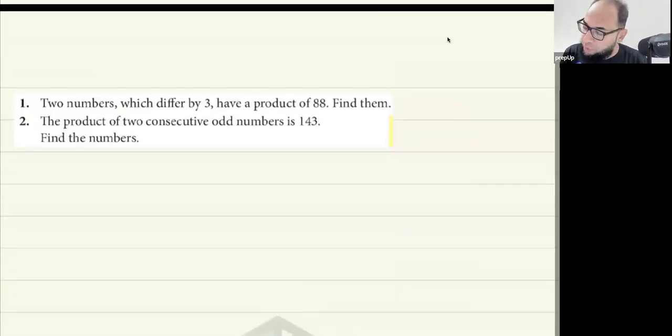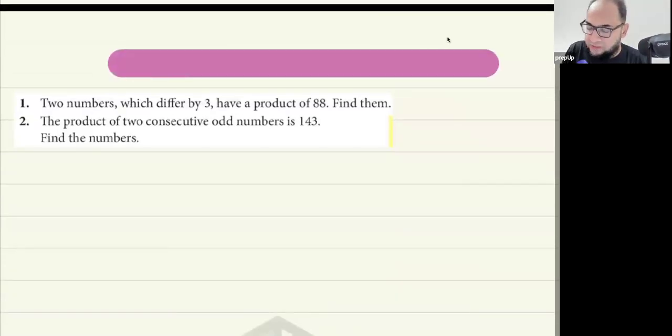Now I'm starting from here. This is the book exercise for word problems related to quadratics. Yesterday, we solved questions related to simultaneous equations. Now we are solving questions related to quadratics.